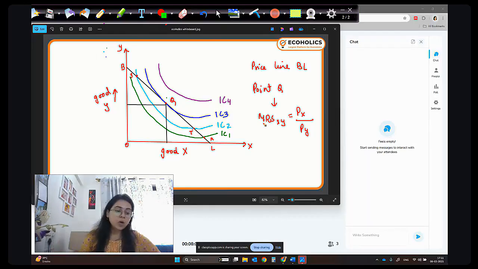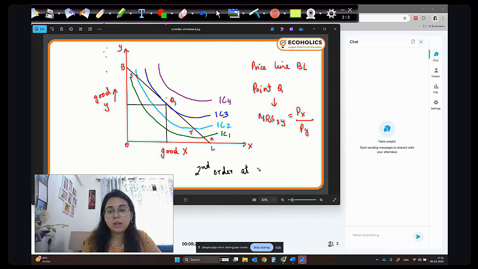This is the first order condition of consumer's equilibrium. Then there is also the second order condition: at the point of tangency, my indifference curve should be convex to the origin.